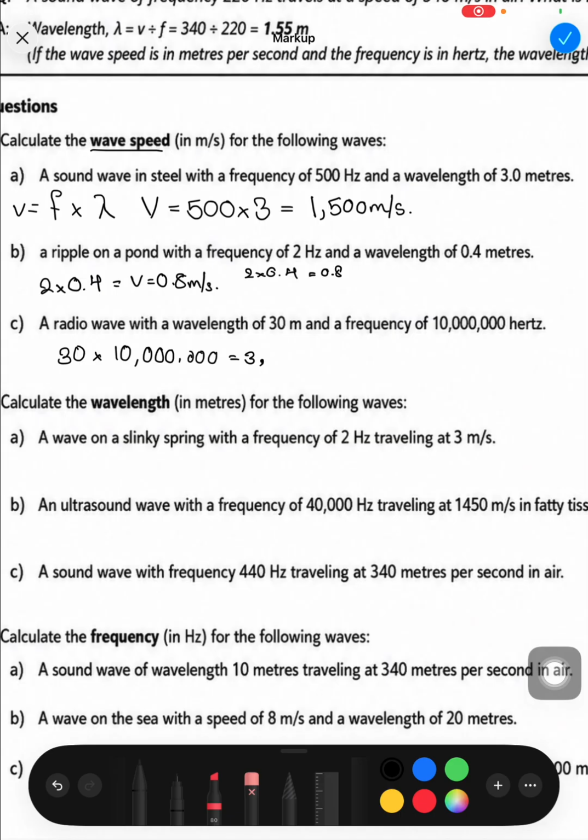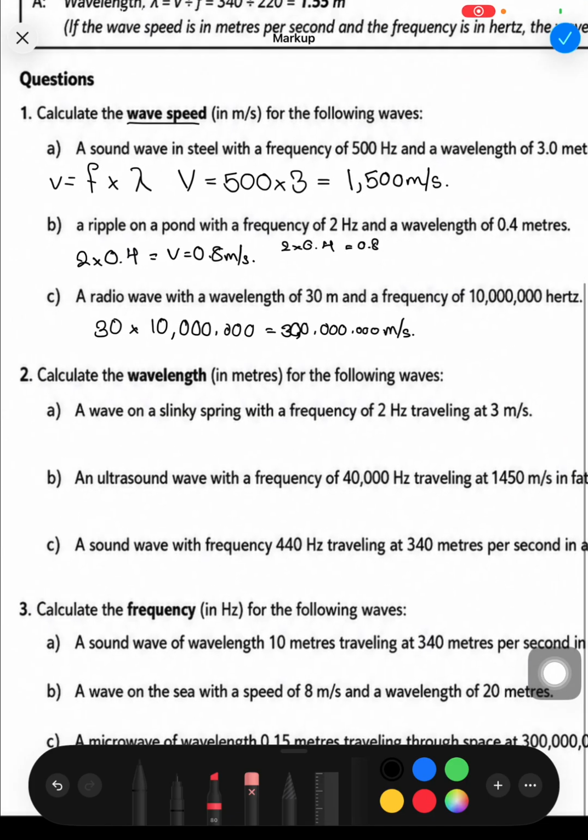Sorry, not 3 billion, 300 million. So 300 million meters per second.